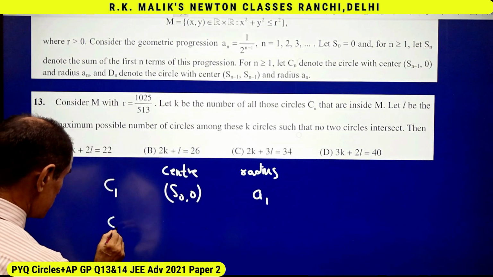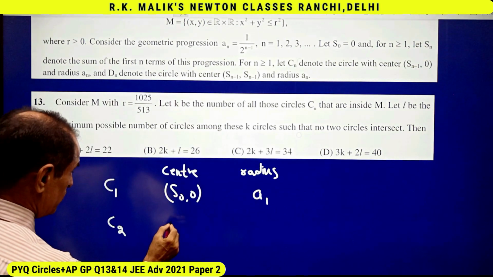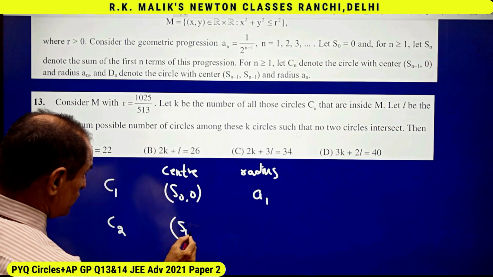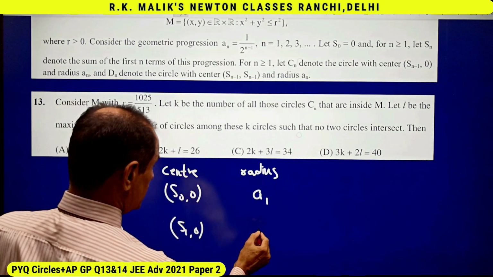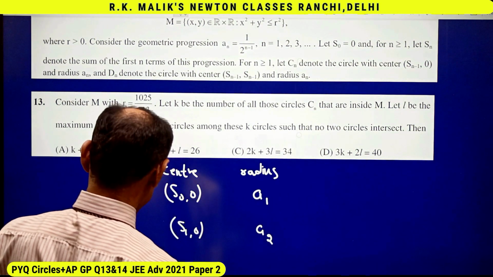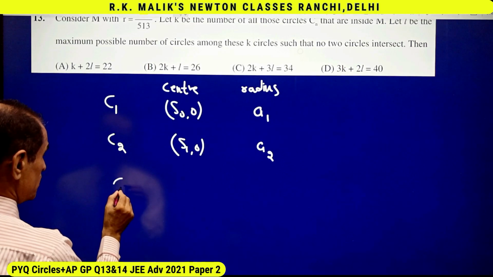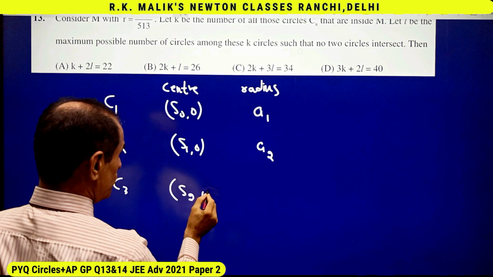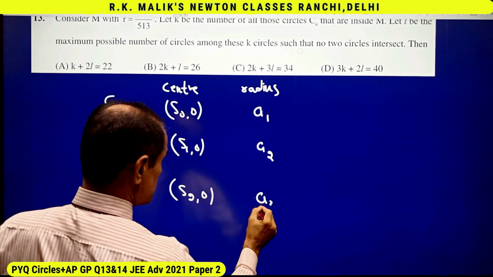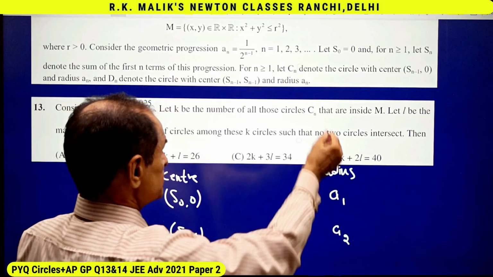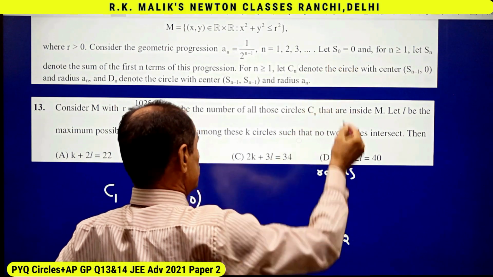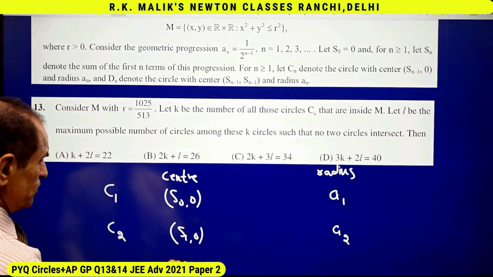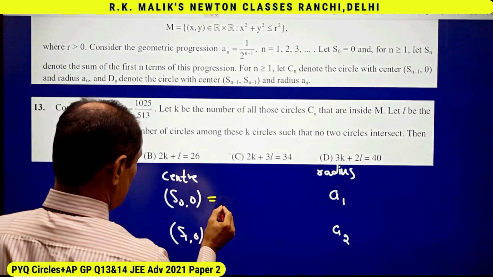For the circle C2, center will be S1, 0 and radius A2. Similarly, for the circle C3, center will be S2, 0 and radius A3. As it is given that S0 equals 0, this point will become 0, 0.